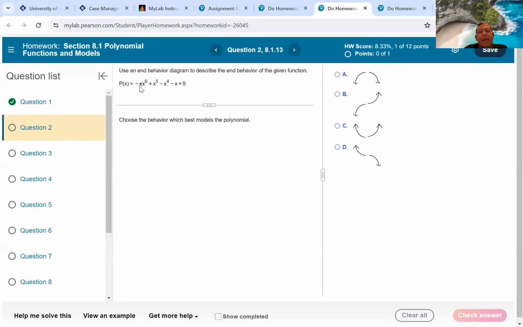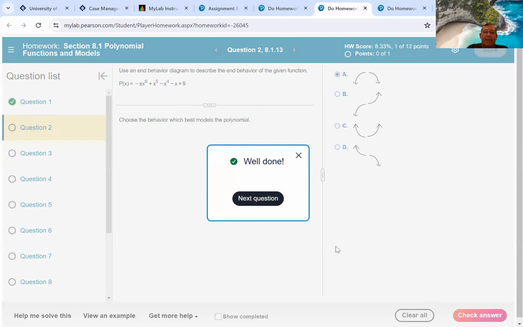So if it was even and negative lead coefficient, did I go with A, B, C, or D? So y'all let me see my chat. So Hannah A, that's what I'm going to go with also. Because remember that negative's flipping it over. So we're going to go with A, and then you check that answer.